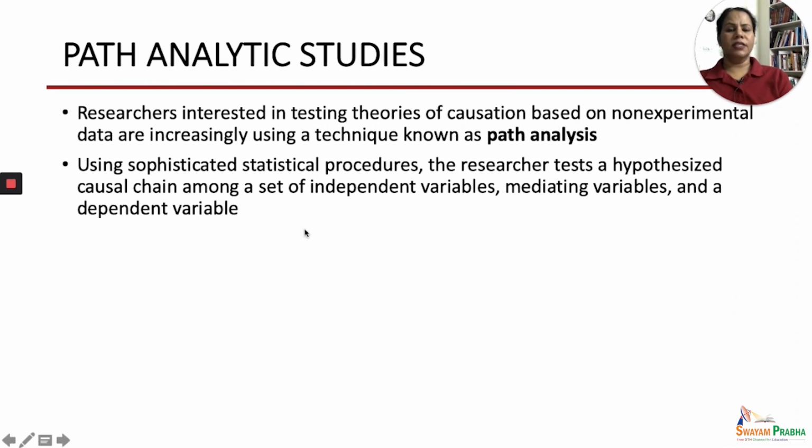Through the statistical procedures we can test the theory of causation, because we will be studying that if this particular independent variable is there, and this particular mediating variable is there, it can result in outcomes in the form of the dependent variable. That particular type of path analysis can be done through statistical procedures.